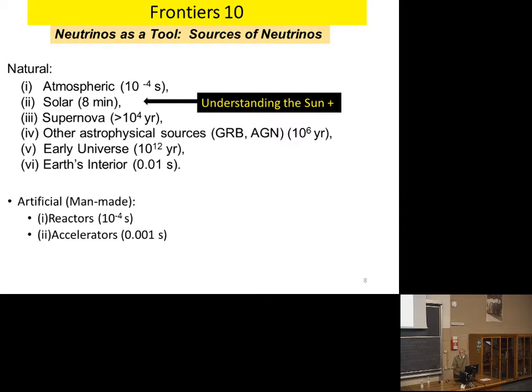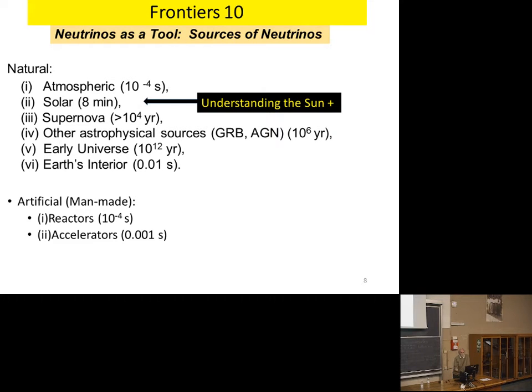So when you pick up the newspaper and you read that somebody saw something new astrophysically, almost in any case, one of the most prevalent results is that they'll produce neutrinos. They're the most prevalent, probably the most interesting and important result of the early universe.